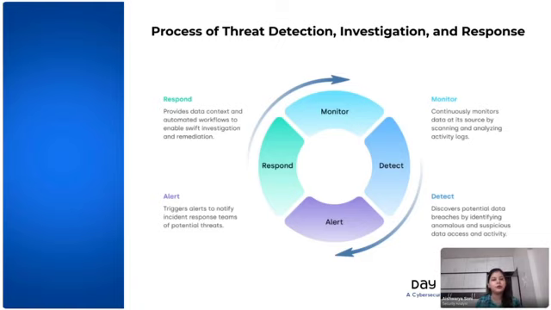So this is the overall process of how detection, investigation, and mitigation of cybersecurity threats are done. Now, moving on, the three major topics in today's session are monitoring, detecting, and responding to cybersecurity threats. We will discuss them in brief in the coming slides.